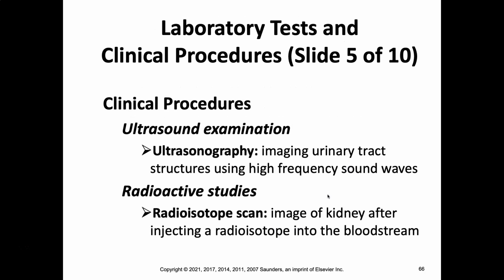There are other clinical procedures, ultrasonography. Sometimes they're looking at urinary tract structures to see if there's some abnormality or something going on there. Of course, you can do a radioisotope scan, imaging of the kidney after injecting that radioisotope into the bloodstream to see how that moves through and if there are any abnormalities identified.